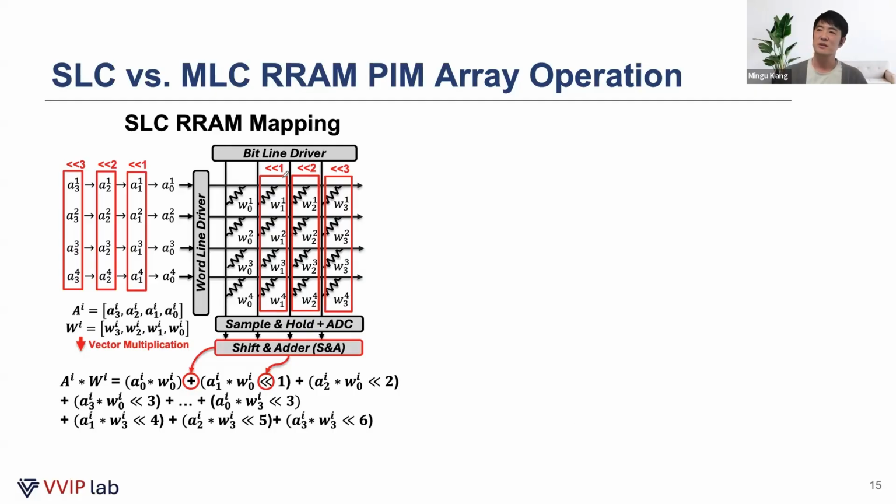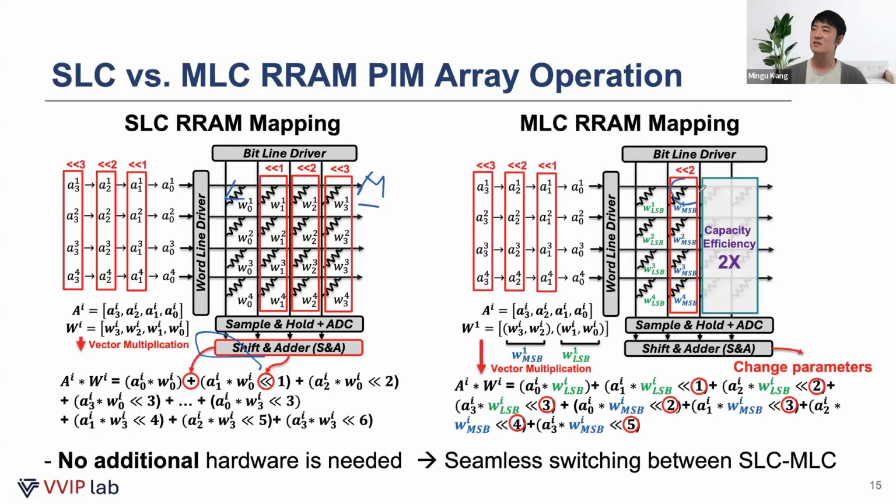As shown here, this is the MSB and this is the LSB. Then after the ADC, we can simply shift to represent the bit position. On the other hand, in the MLC case, let us say this is the 2-bit MSB, this is the 2-bit LSB. In that case, we can simply shift by 2.